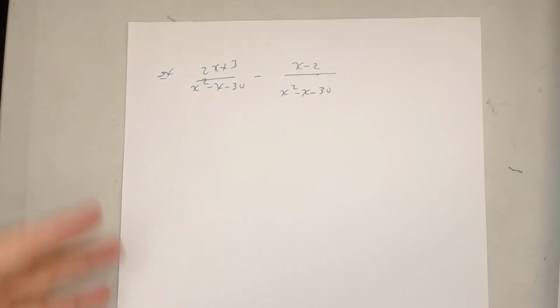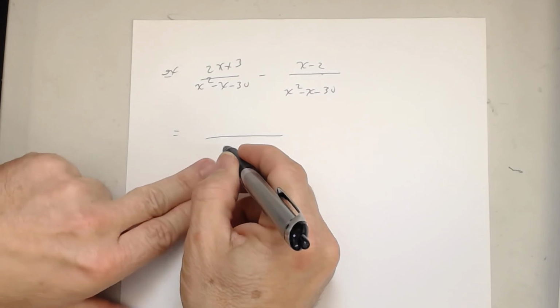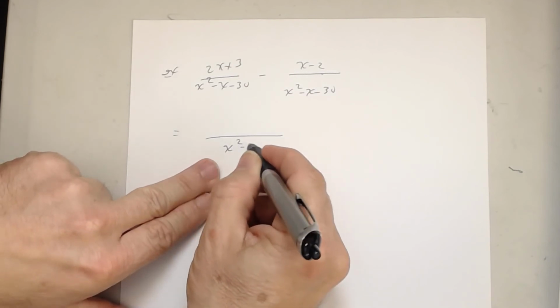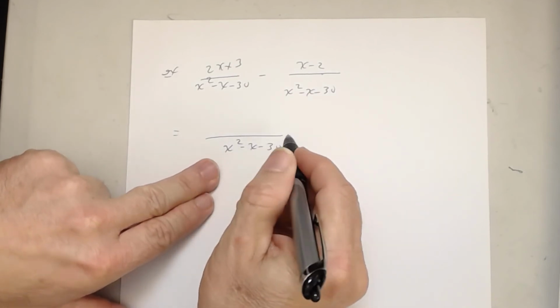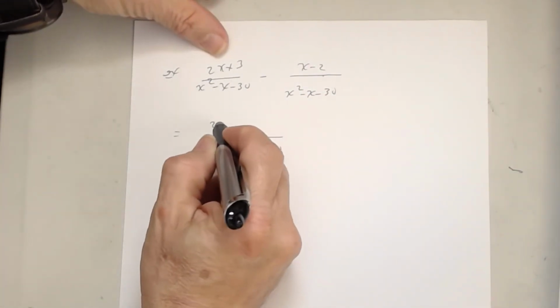Okay, in this section they are. The next section, in a little while, they're not. But they are here, right? So once they're the same, then you can write it as one rational expression. So in other words, this becomes what denominator, though? x squared minus x minus 30. And then you just write the numerators up here. So this becomes 2x plus 3.